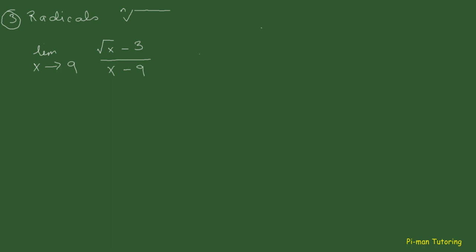So the first thing to do as usual is plug in the numbers and see what happens. Well, the square root of 9 is 3, minus 3 divided by 9 minus 9, 0 over 0. That's no good. That doesn't give us the limit.